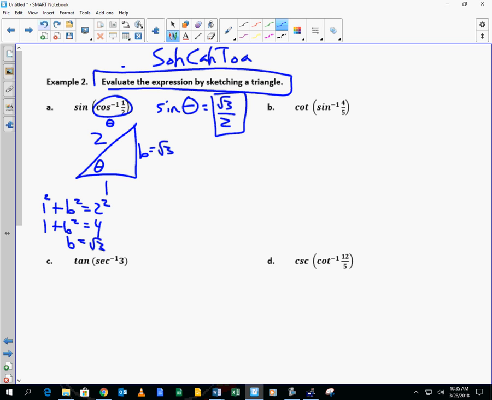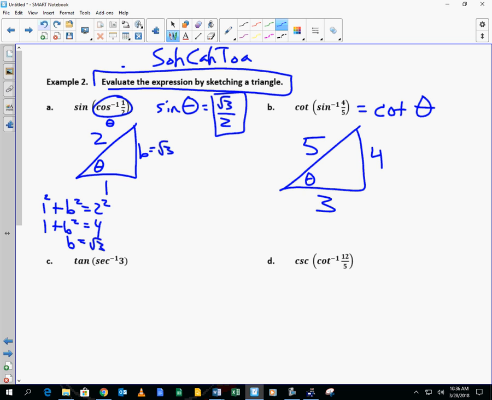So let's look at the next one. Draw a triangle, put in theta, and go to work. Sine inverse of 4/5. Sine in terms of opposite, adjacent, and hypotenuse is opposite over hypotenuse, so opposite is 4, hypotenuse is 5. Anybody want to come up with that adjacent side? 3. When you do sine inverse of something, you come up with theta.